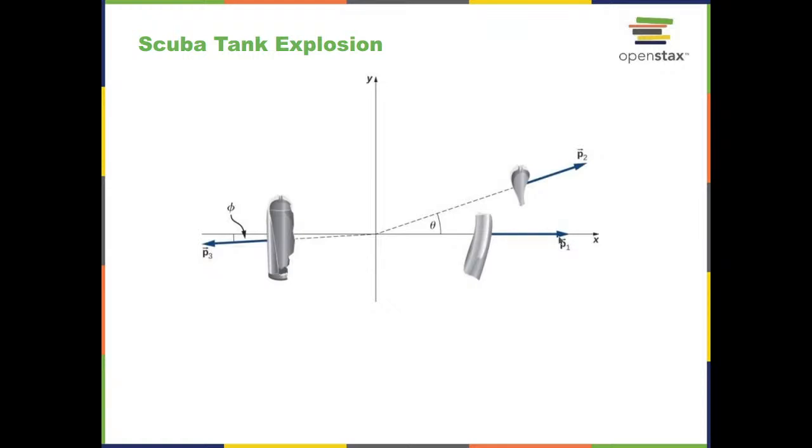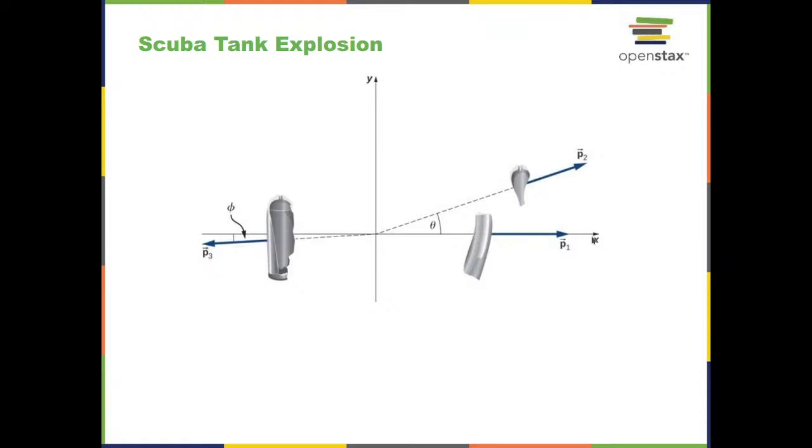We can pick that to be the x-axis. We don't have to necessarily make this the horizontal direction. In this case, the problem here just uses the horizontal direction, so it probably doesn't have to explain why we can choose the coordinate system that way. But since we have freedom to choose the coordinate system that way, we can choose the x-axis to be along one of the pieces to make the math simpler.